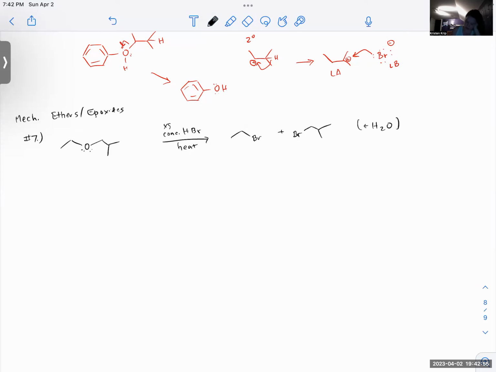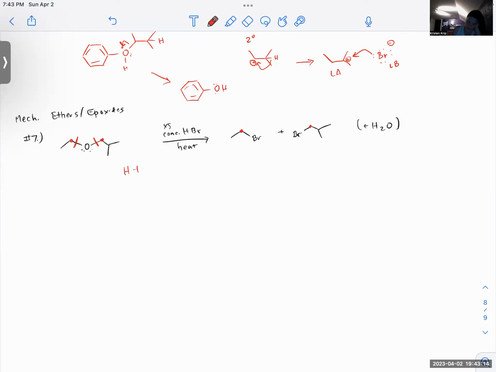So basically we know that we're going to be cleaving here and here, because this is where we're adding our bromines. A bromine is adding there and a bromine is adding there.